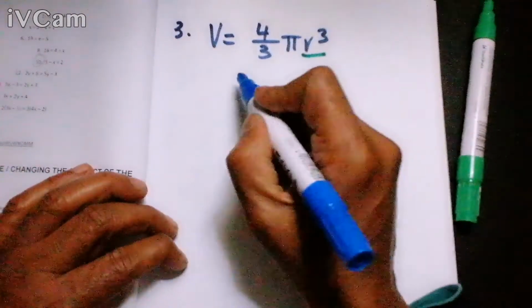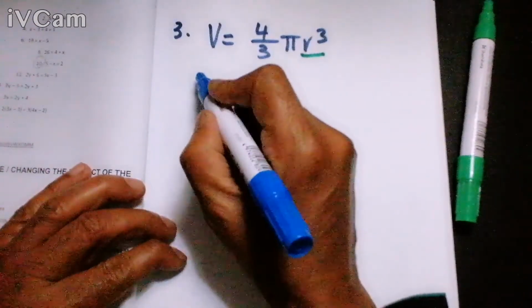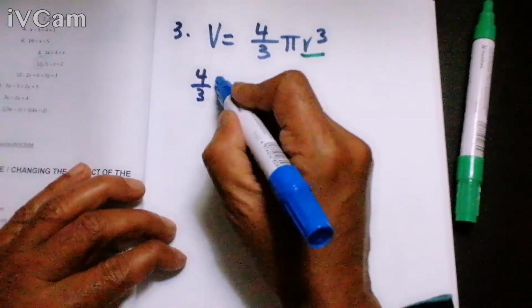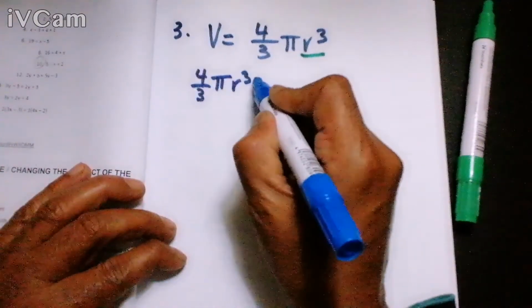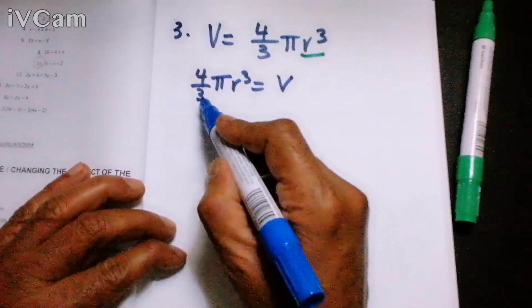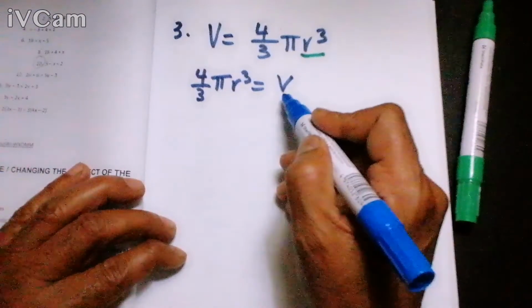And to make r the subject of the formula, I will need to transpose everything on this side. 4 over 3 pi r cubed is equal to v. Now, I will need to multiply by 3 and divide by 4 pi on this side, and do the same here.